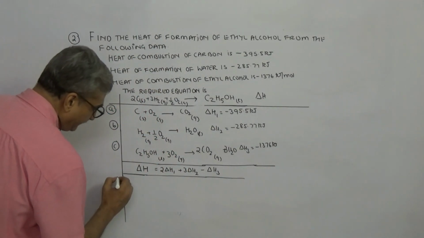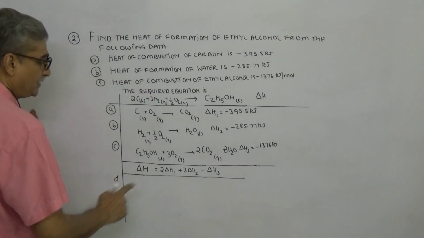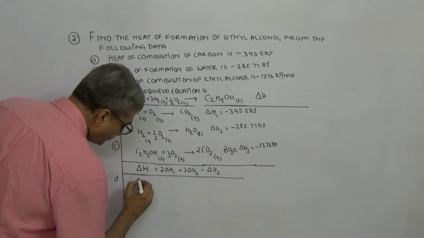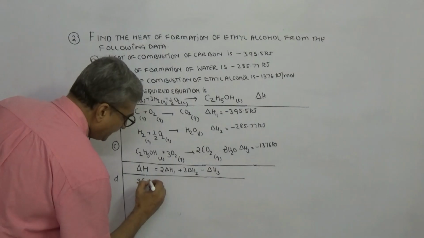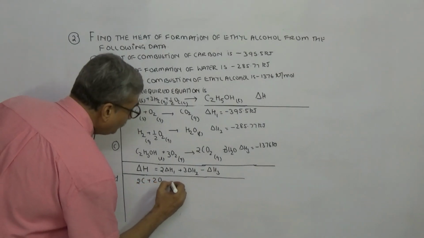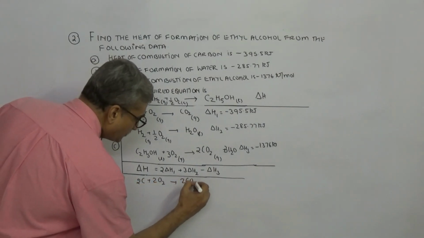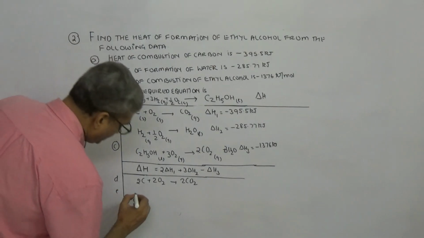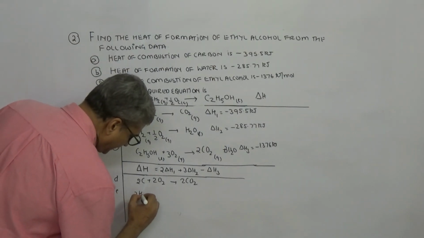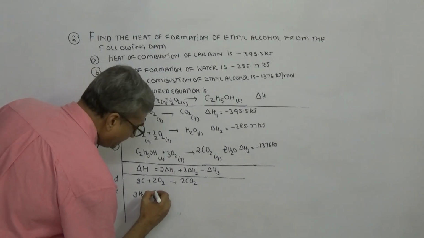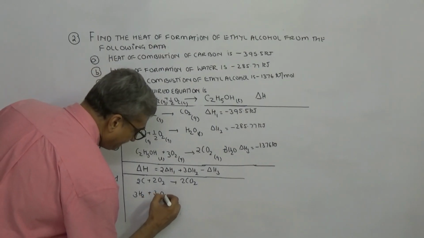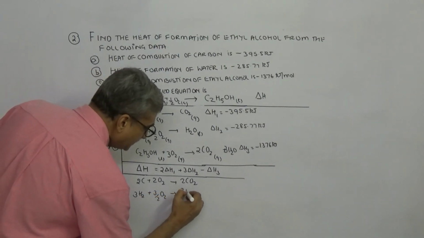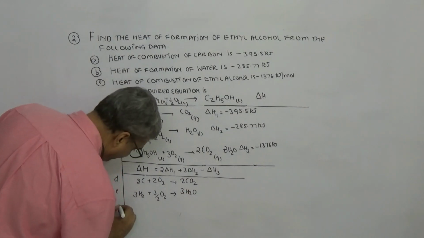So now we have D, E, F. So first reaction we multiply by 2. So we have 2C plus 2O2 forms 2CO2. E, 3 times delta H2. So 3H2 plus 3 by 2 O2 forms 3H2O.